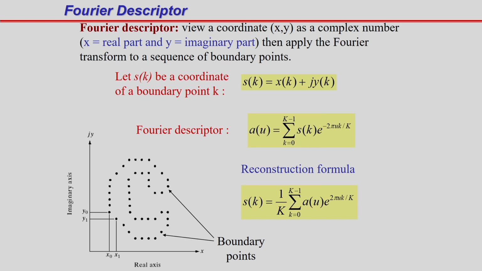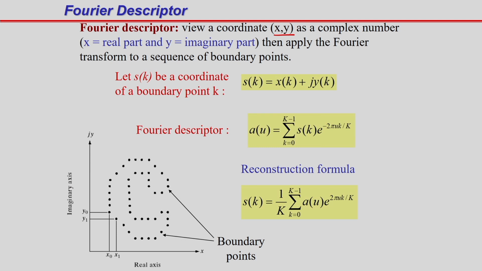The next important point is the Fourier descriptors. By using the Fourier descriptors, we can represent a particular boundary. In this case, view the coordinate xy as a complex number. xy is the boundary point, and I can consider it as a complex number, where x is the real part and y is the imaginary part.